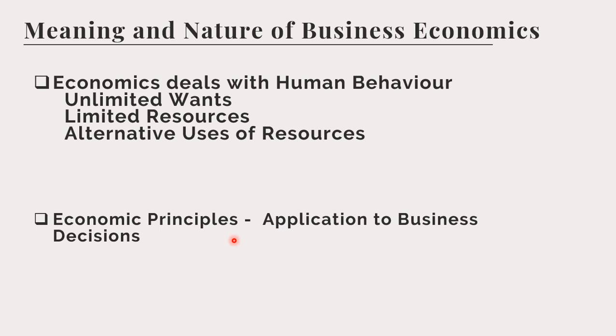For example, there are various concepts prevalent in economics: the concept of demand, concept of supply, elasticity, savings, investment, various production factors, land, labor, capital, entrepreneur, and the remuneration given to these factors of production like rent, wages, interest, and profit.